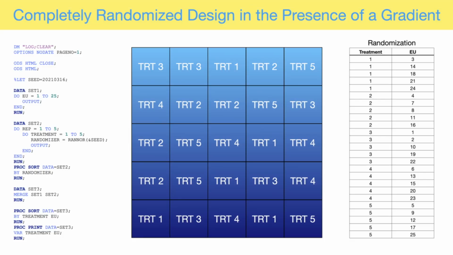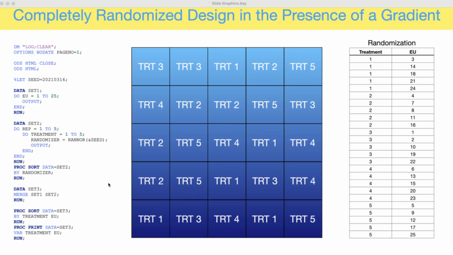You can see here that the response we would measure is not due just to the different treatment, but also to the different characteristics of the underlying experimental material. Up here, the material is lighter blue, but down here it is darker blue, representing heterogeneity. Again, we've got this gradient.